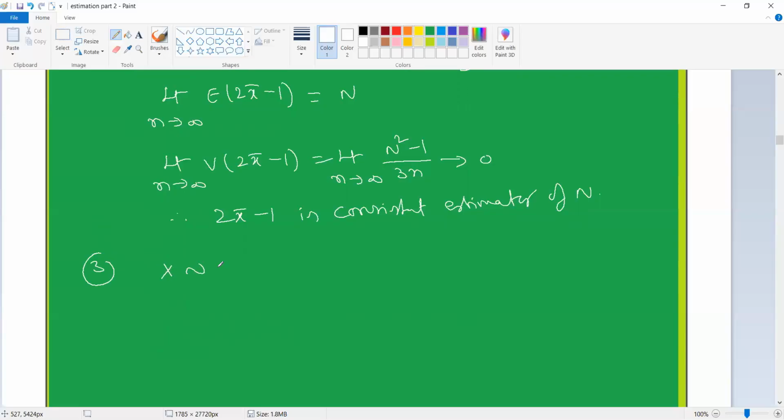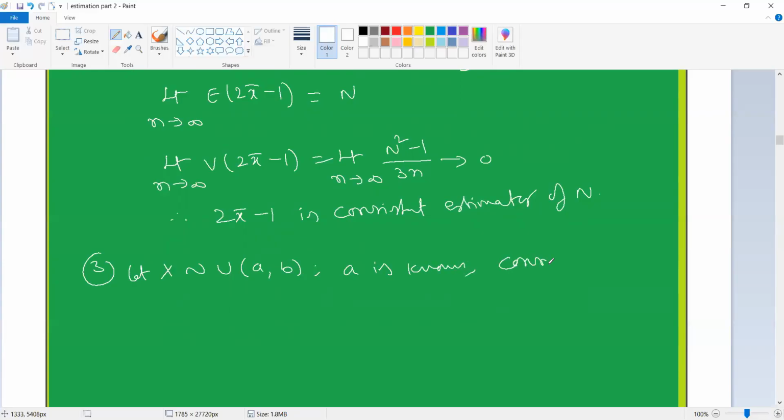X follows continuous uniform distribution A comma B. Now here is a population. The population distribution is continuous uniform distribution with parameters A and B. Here A is known.